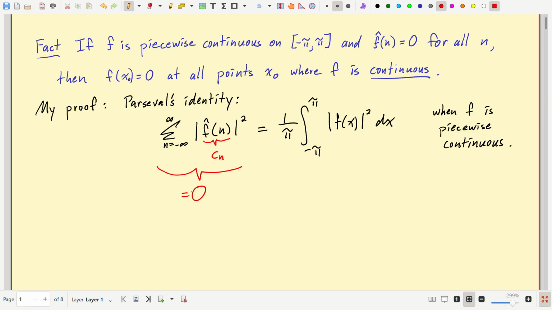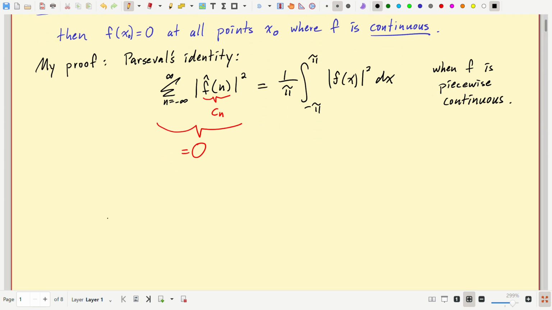But think about a continuous spot where f is positive. Say we have an x₀ where the absolute value of f(x₀) squared is positive. If that's not 0, then that would be a strictly positive thing.